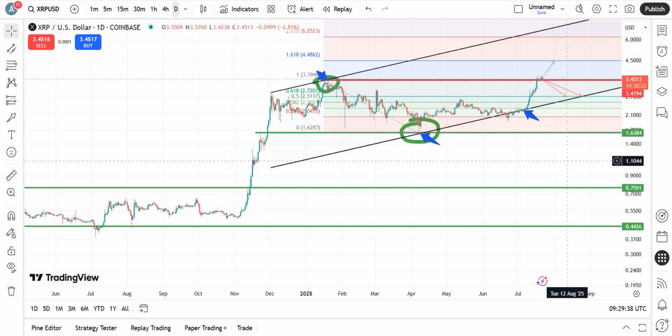So the first destination would be this area, 4.5, and if it goes back down, we'll expect it to keep losing the price until it reaches 2.7, and that's it.